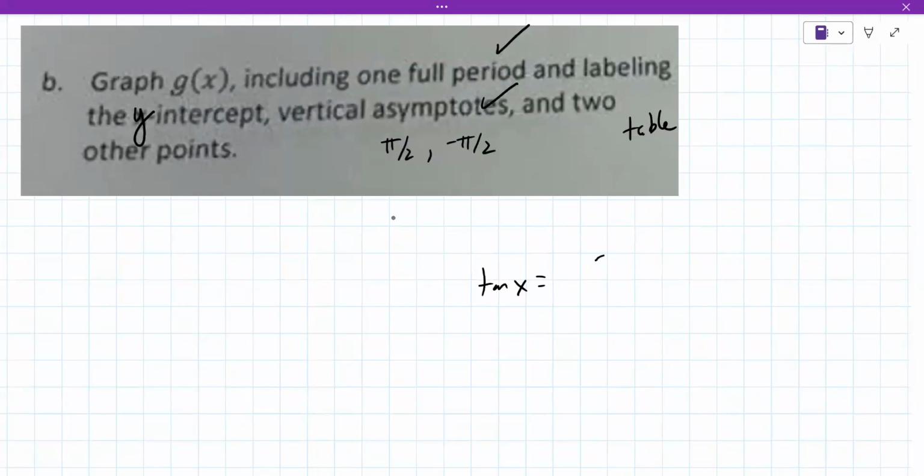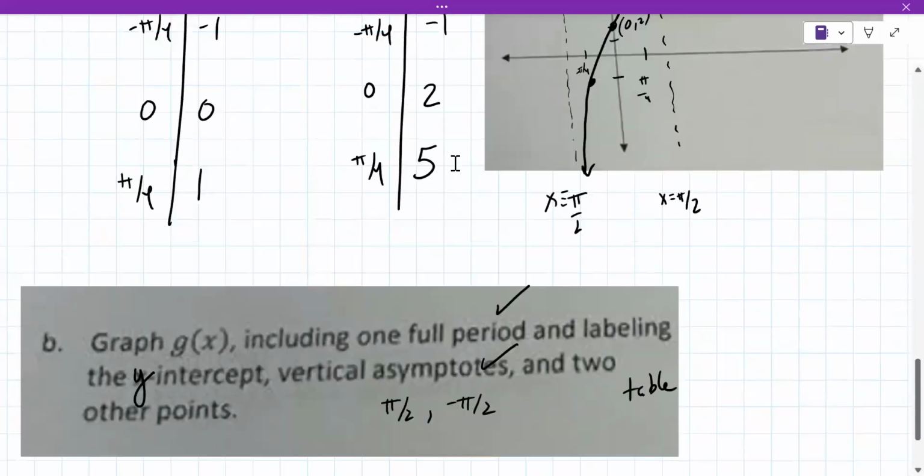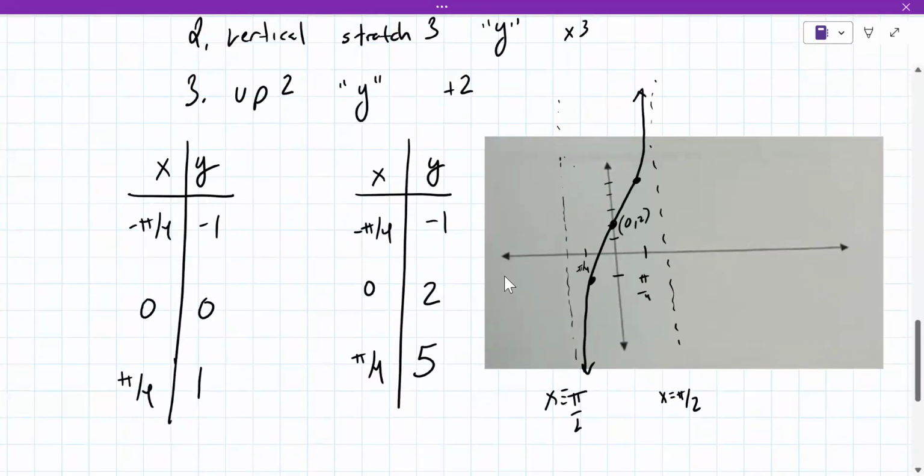Tangent of x is really sine of x over cosine of x, and the vertical asymptotes occur when the bottom is equal to 0. So the two asymptotes aren't pi over 4, it's pi over 2. Pi over 4 is midway between the asymptote and the origin.